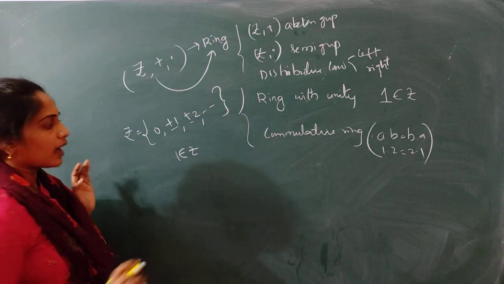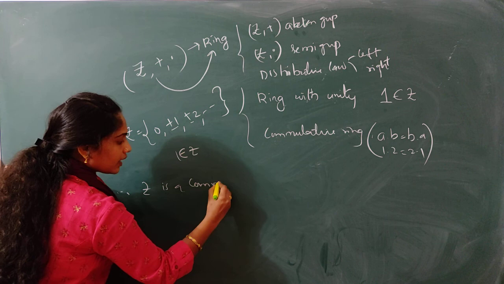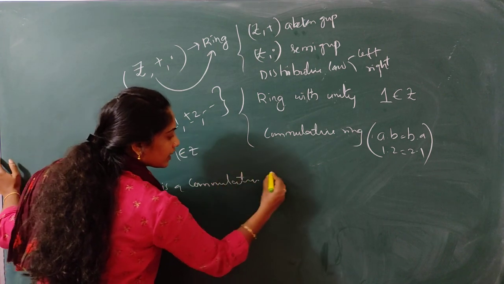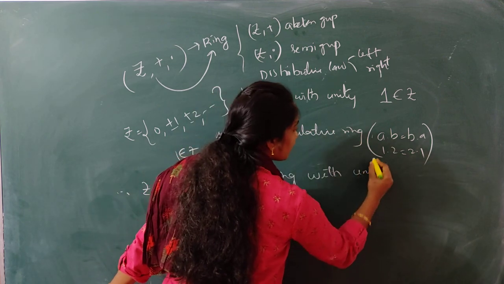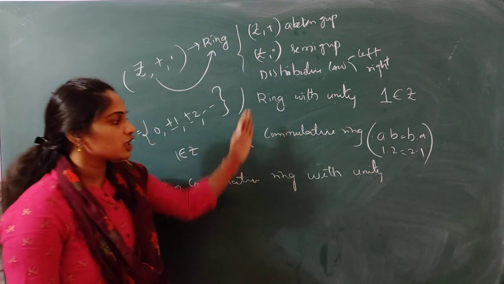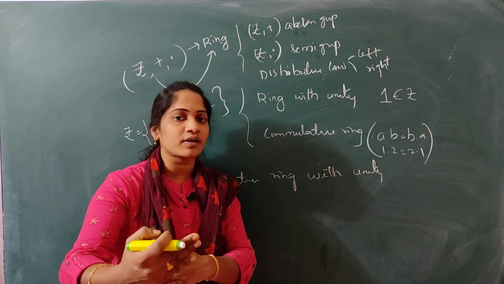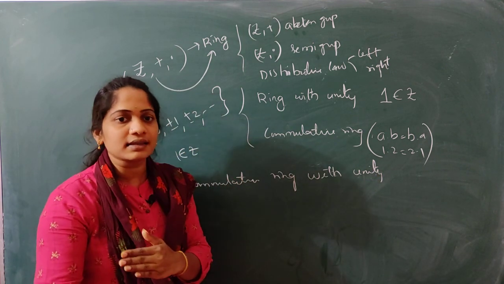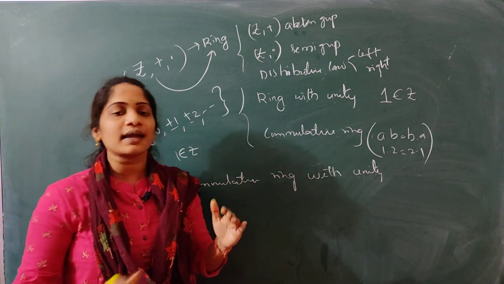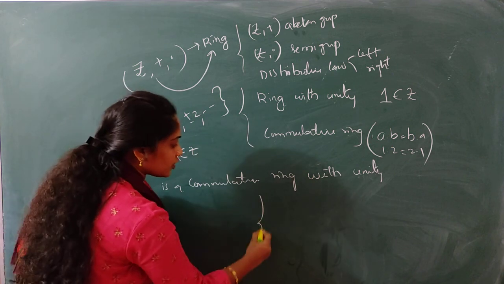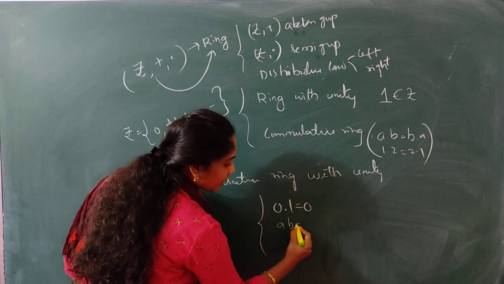So up to here what happened? Up to here Z is a commutative ring with unity. Then next, what is the property to show it is an integral domain? You have to show it is without zero divisors. That is, you take the product equal to 0, that is AB equal to 0.